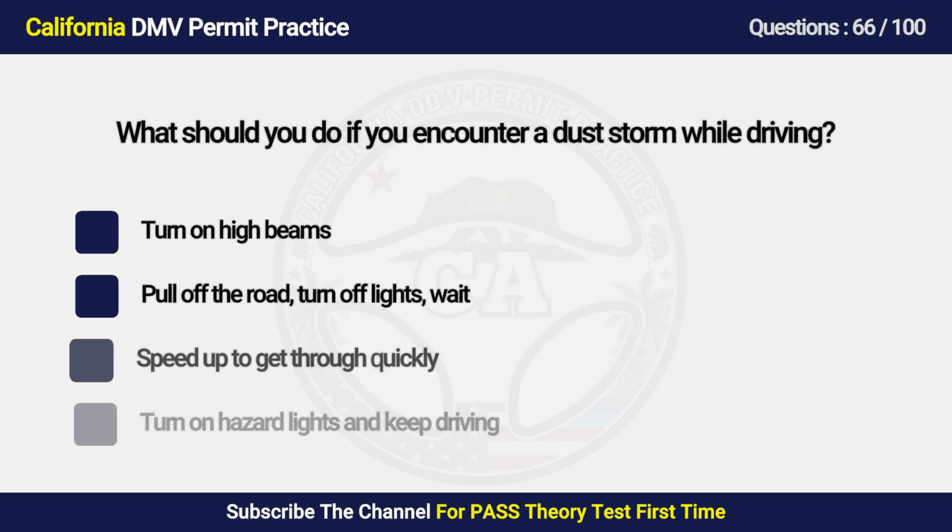Question 66. What should you do if you encounter a dust storm while driving? A. Turn on high beams. B. Pull off the road, turn off lights, wait. C. Speed up to get through quickly. D. Turn on hazard lights and keep driving.